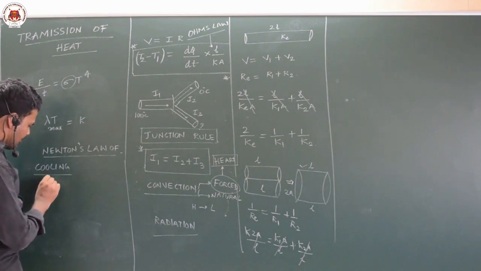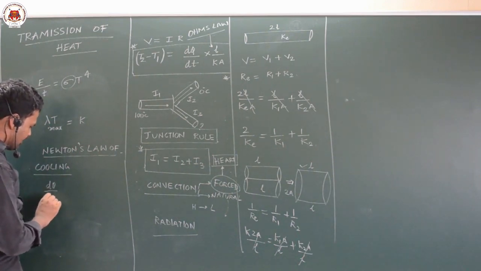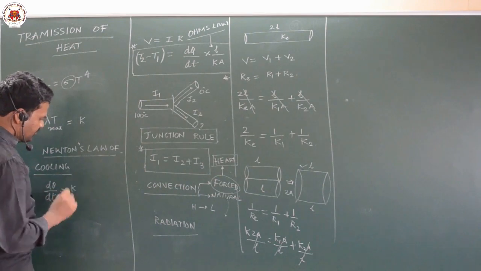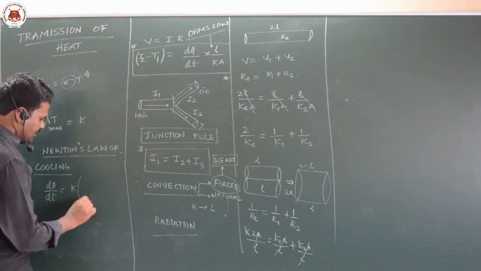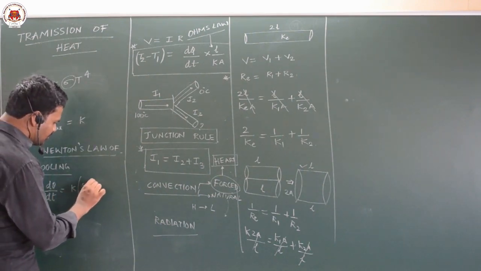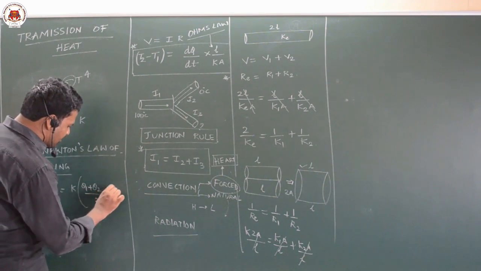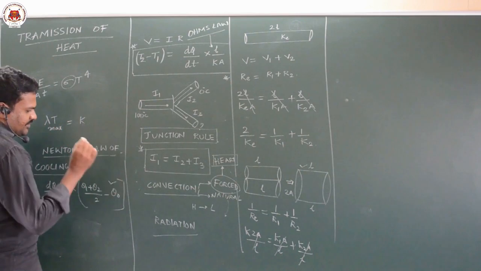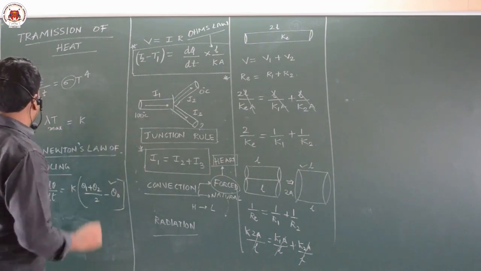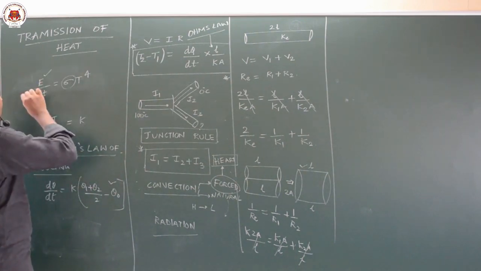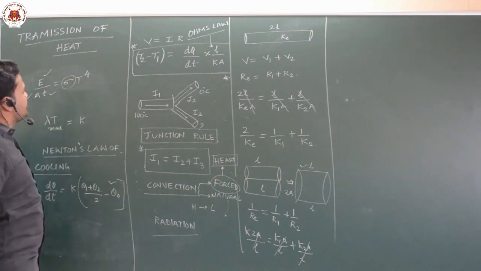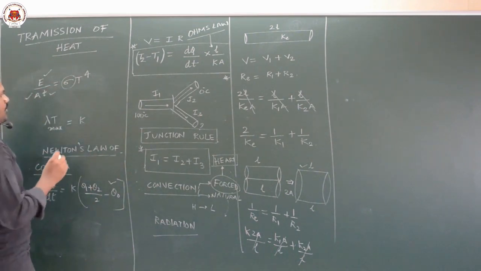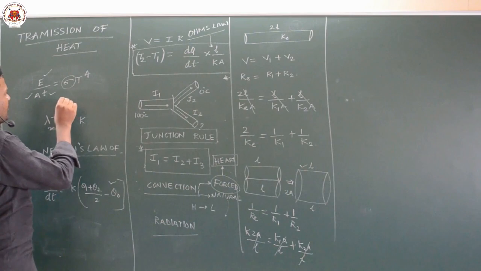So the rate of cooling d theta by dt is equal to k into (theta 1 plus theta 2 by 2 minus theta naught), where theta naught is the temperature of the surroundings. The energy per unit area per unit time is proportional to T to the power of 4. And one more formula will be there.